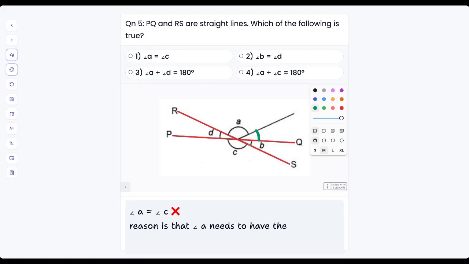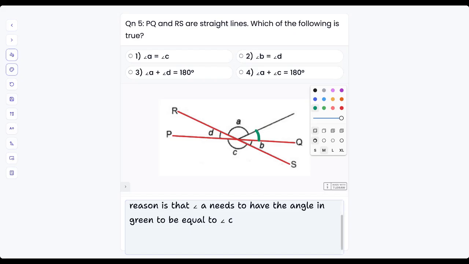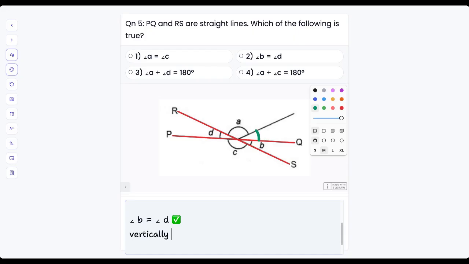The angle in green needs to be equal to angle C. Let's move to the next one. Angle B is equal to angle D. Is this correct? The answer is yes. The answer is correct. Why? It's because these are vertically opposite angles on straight lines. So the answer is option number 2.